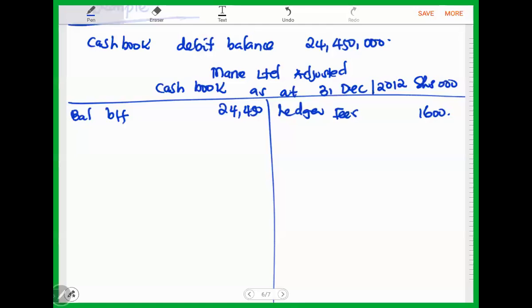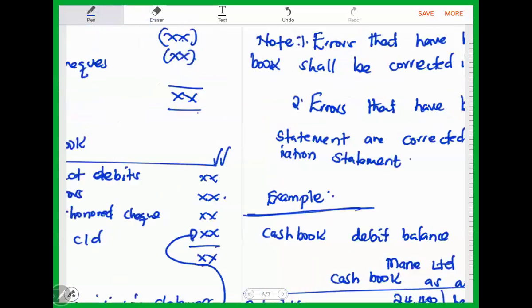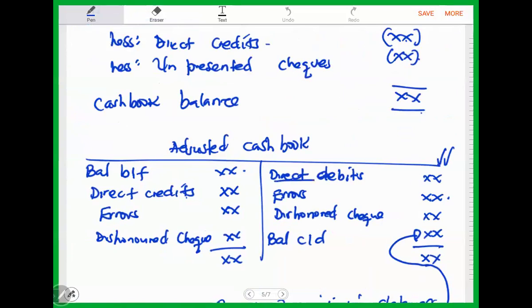This does not appear in the bank reconciliation statement, because it is already appearing on the bank statement as a debit. Therefore, in the cash book, we come and also less it to show that money went out. You remember what we did here? Direct debits, they are here. Direct credits are here. So in the cash book, since it is a direct debit, we credit it there.